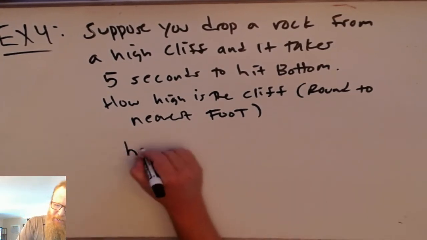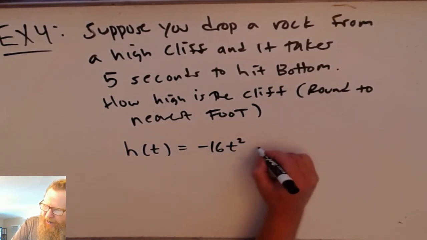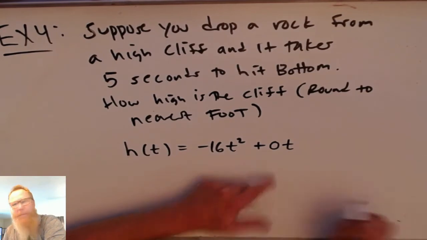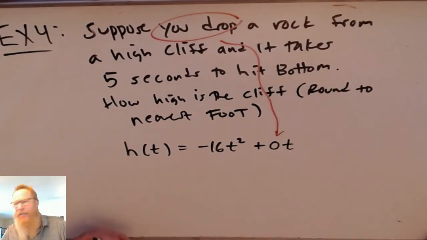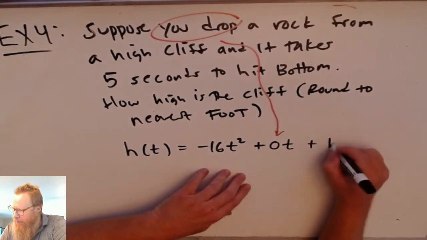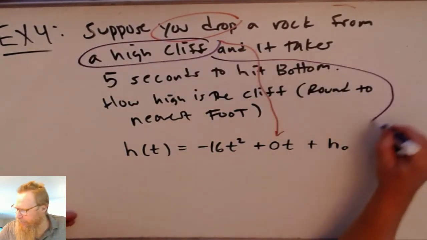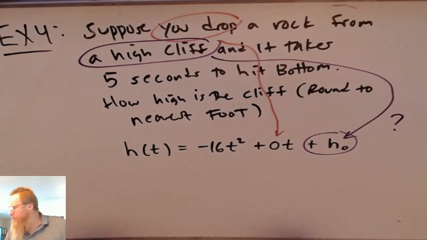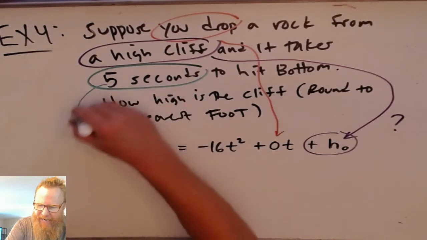Simple. So we already have our model. Negative 16 t squared plus 0t, again, because it's been dropped. Anytime you drop something, its initial velocity is going to be 0. But we don't know what the high cliff is. The height of the cliff is our initial height, which we don't know. We do know that it hit the bottom, though, at 5 seconds.